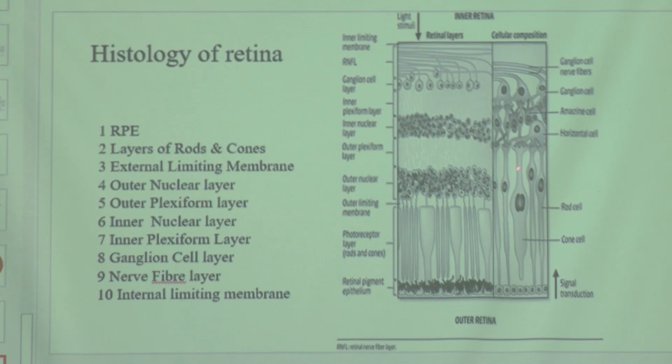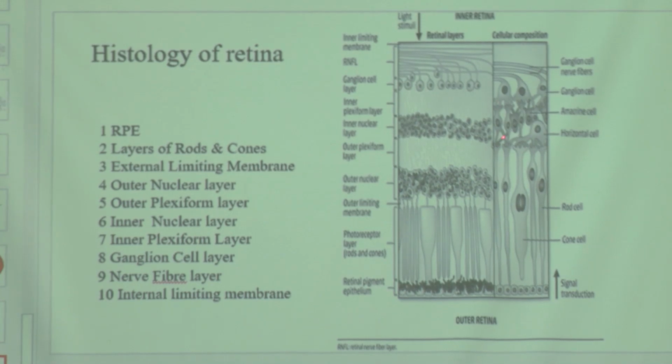We can get, this is the layer. We can find these cells, they are called the bipolar cells. Okay, bipolar, this cell has got two poles, this is one pole, this is another pole.